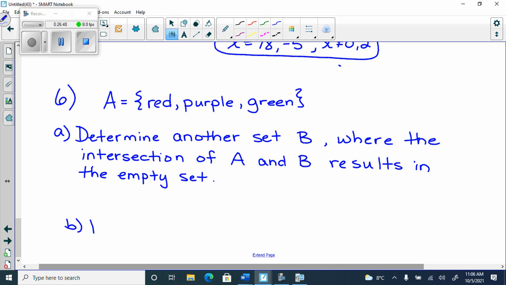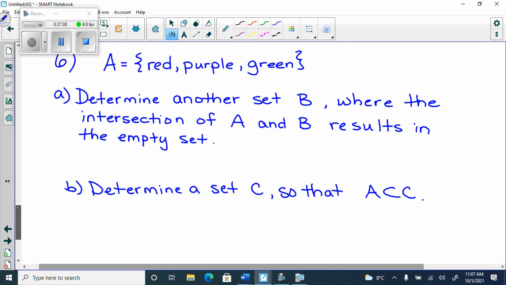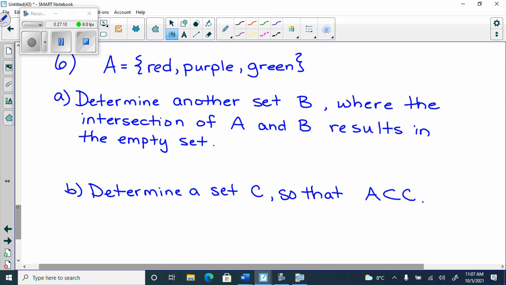Then, given B, determine a set C so that A is a subset of C. That's number 6. Number 7.